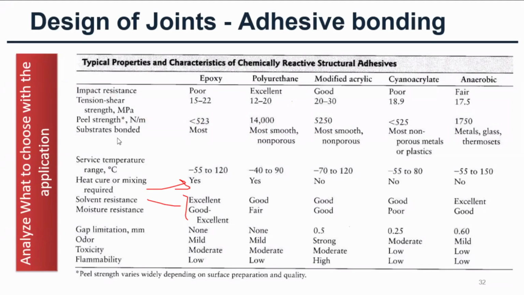Moisture resistance is good, and there are gap limitations. Likewise, we can see some general properties. Based on such properties, we can select our adhesive. Here you can see different types of adhesives.